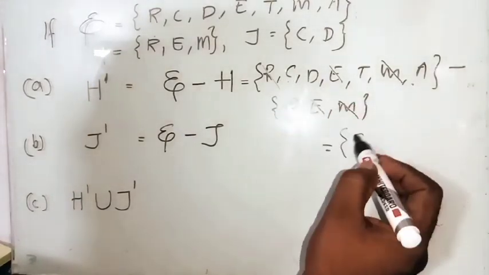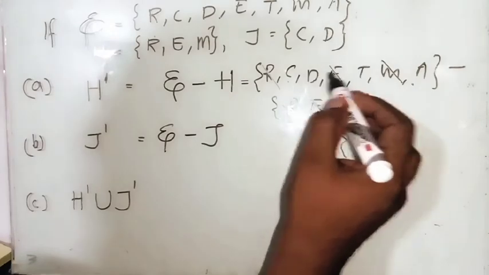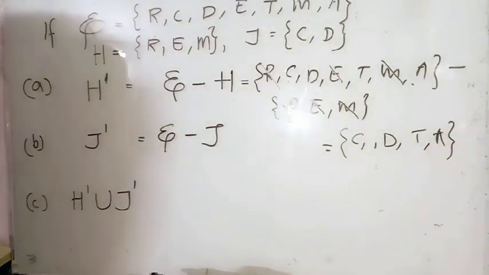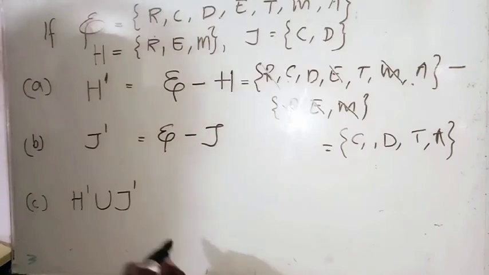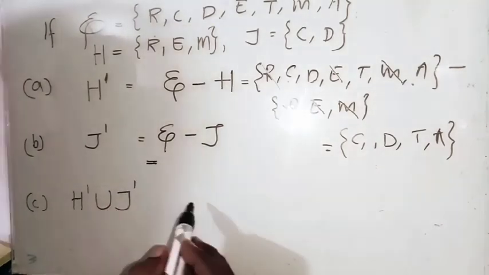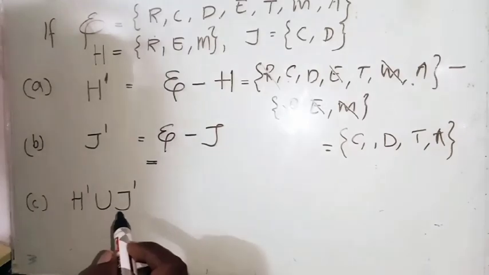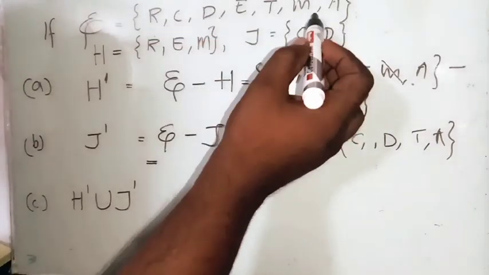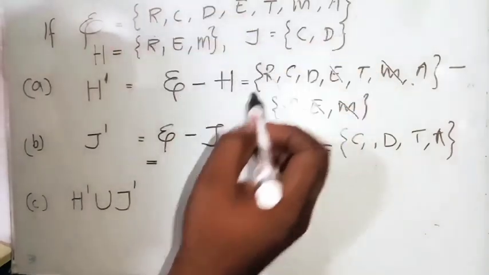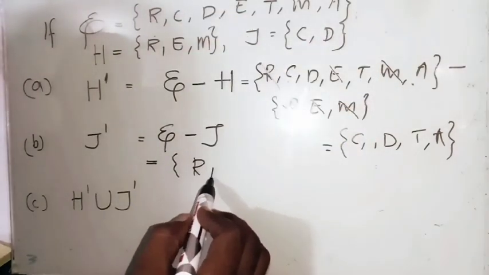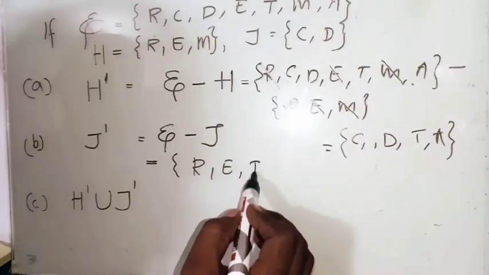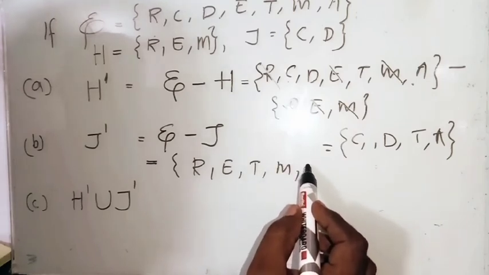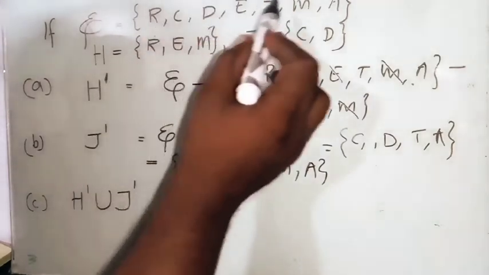We get C, D, T, A. That is H complement. Now tell me what is J complement, which is mu minus J. J should be cancelled, that means C, D will be cancelled. So remaining we have R, E, T, M, A. That is J complement.